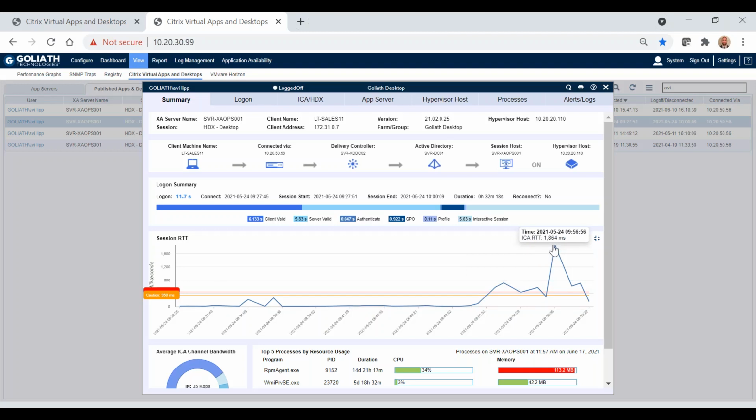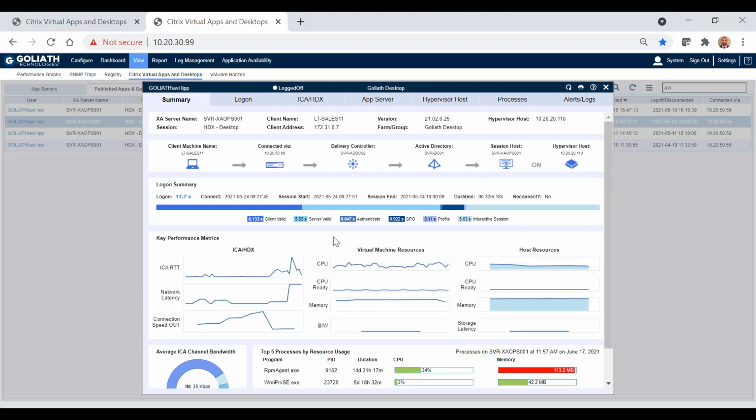And at those thresholds, say 450 milliseconds, that's when latency is apparent to the end user. So we can see here as an example, at 9:56, this user had 1800 milliseconds of latency. That's nearly a 2-second delay from when the user did something for it to be processed and displayed back at the endpoint. So it's very easy to see, okay, at the end of this user session, they were experiencing poor performance. So now we want to understand what was the cause.